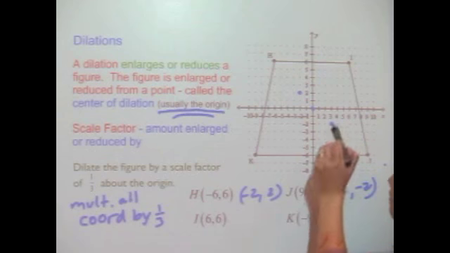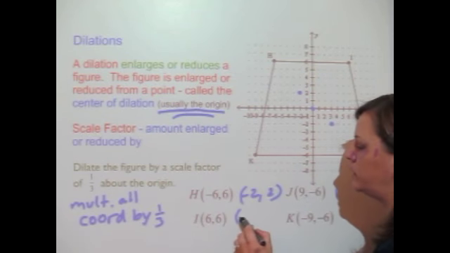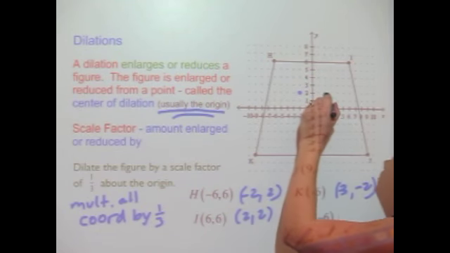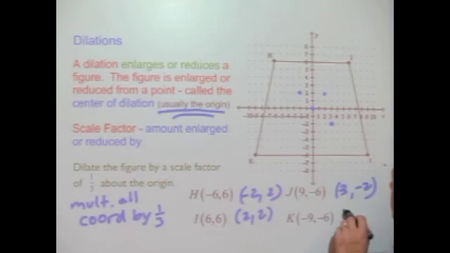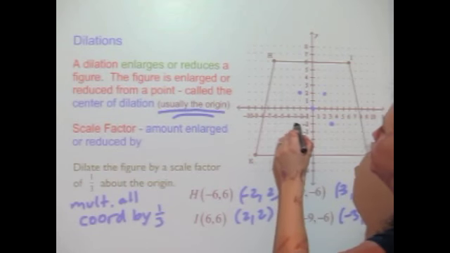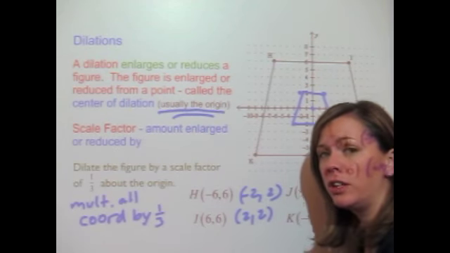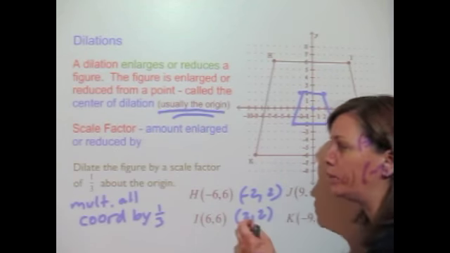It's right there. My new I, 6, 6, will be at 2, 2. 1/3 of 6 is 2. So that is right here. And my new k, -9, -6, will be at -3, -2. So -3, -2. Make sure you draw in your dilation to make sure it looks exactly like the original figure.